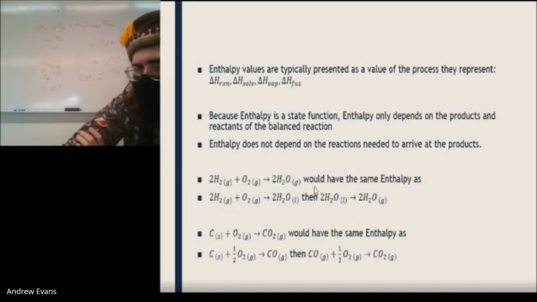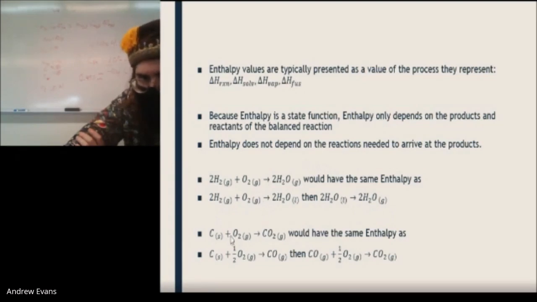And then add on how much energy it would take to boil the water to get it to steam. So the net result would be steam, gaseous water. It doesn't matter that I had to do two steps. If I add step 1 and step 2 together, I would get the same answer as if I had just gone straight to steam from the get-go.